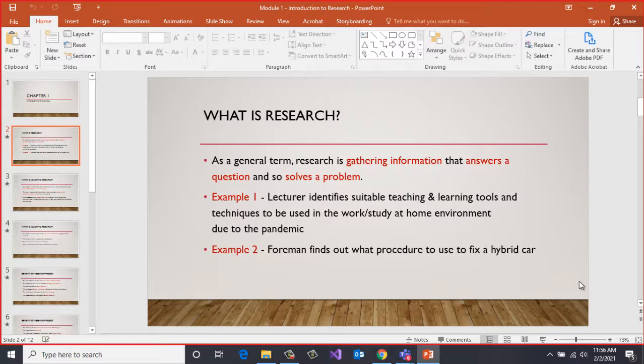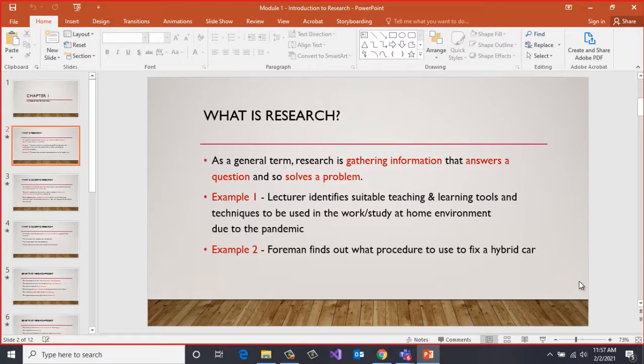Because we do not expect students that age would be able to create a web page, and they need to gather information on how to put the pictures on the web page and so on. So for them, that's research.